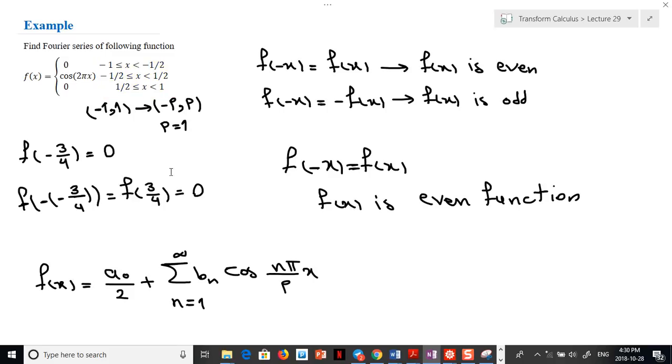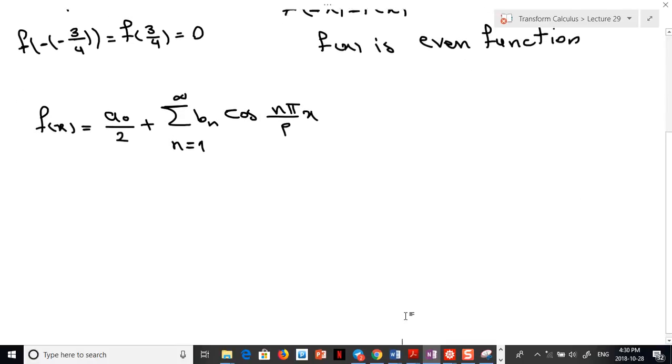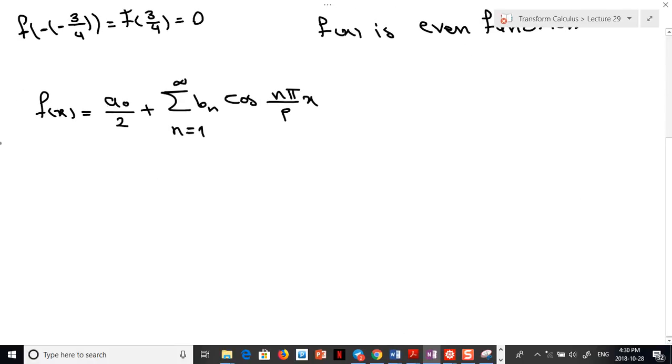So now we go back to the definition of the Fourier series. We have p equal to 1. Based on the cosine series, a0 is equal to 2 over p, the integral from 0 to p of f(x) dx. It's equal to 2 over 1, the integral from 0 to 1 of f(x) dx.